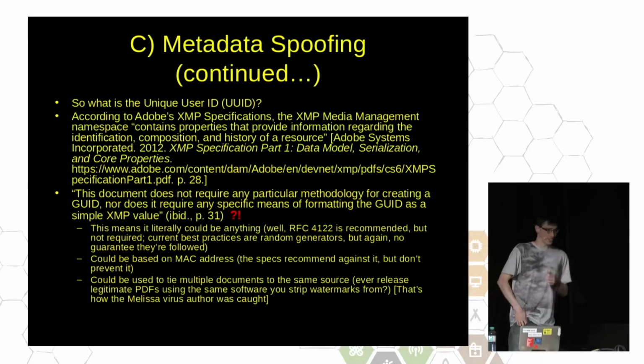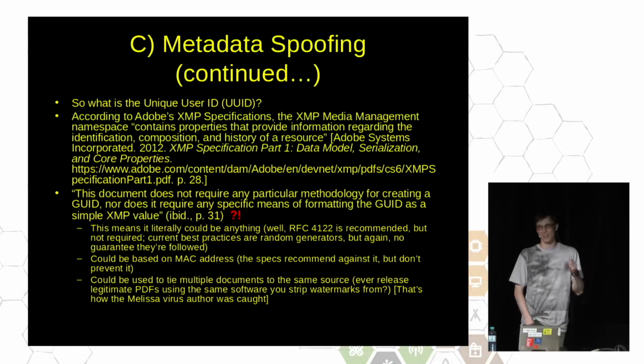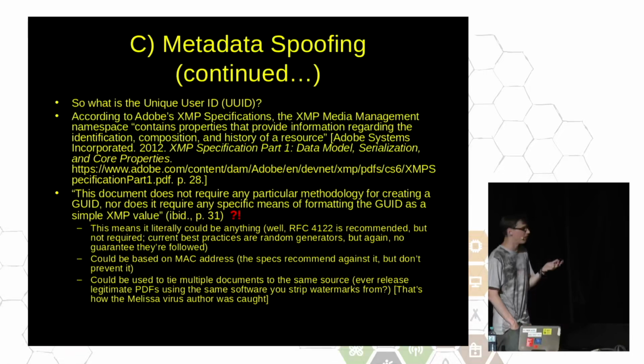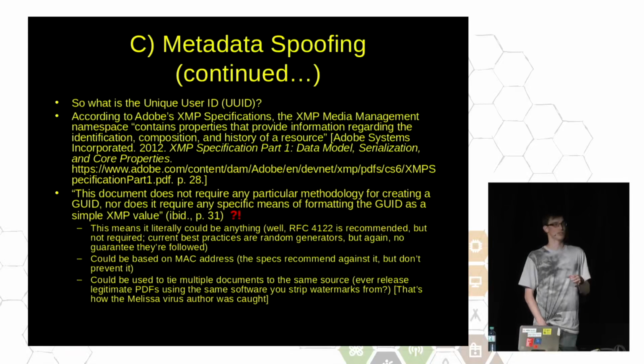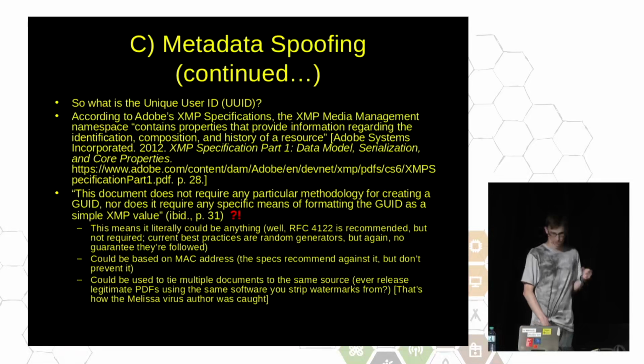Best practices in the RFC specs that are there dictate that this should be at least partially a random number generator, but earlier versions of UUID used the MAC address. And in fact, this is how, for instance, the author of the Melissa virus eventually got caught, was that the UUID used to spread the Melissa virus on some Word documents matched some other random files that someone had uploaded online at one point, which turned out to be the friend of the guy who wrote the virus.